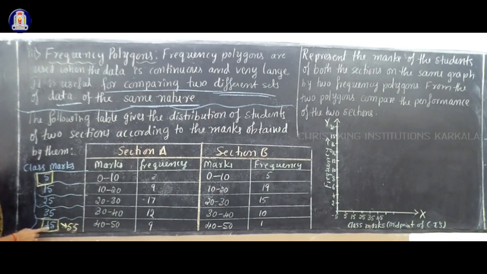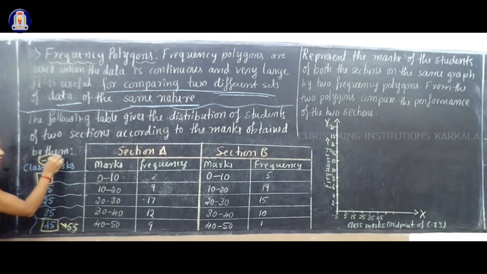In the table you have to see which is the last class mark, and we need the next class mark after that. Just see how the class marks differ, and add that much to get the next class mark. To get the previous class mark of the first class mark, you have to subtract 10 from 5. 5 minus 10 gives you minus 5.